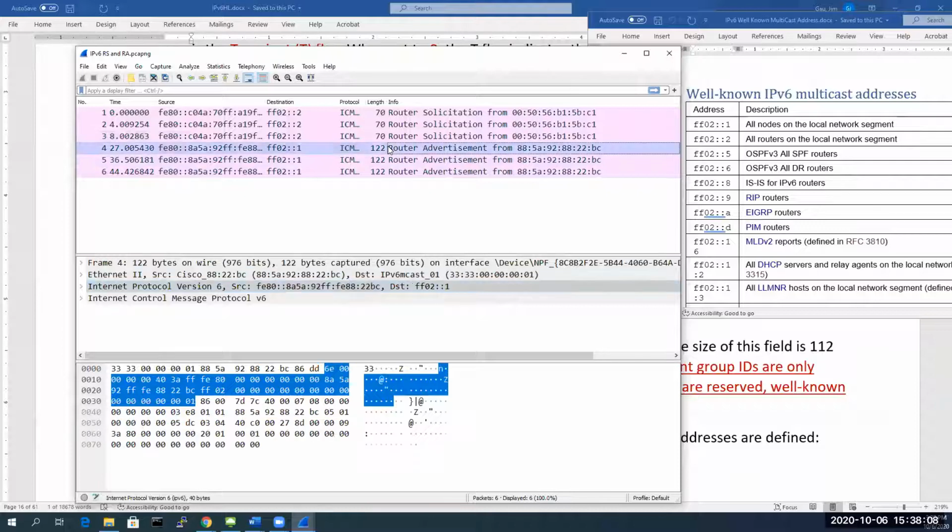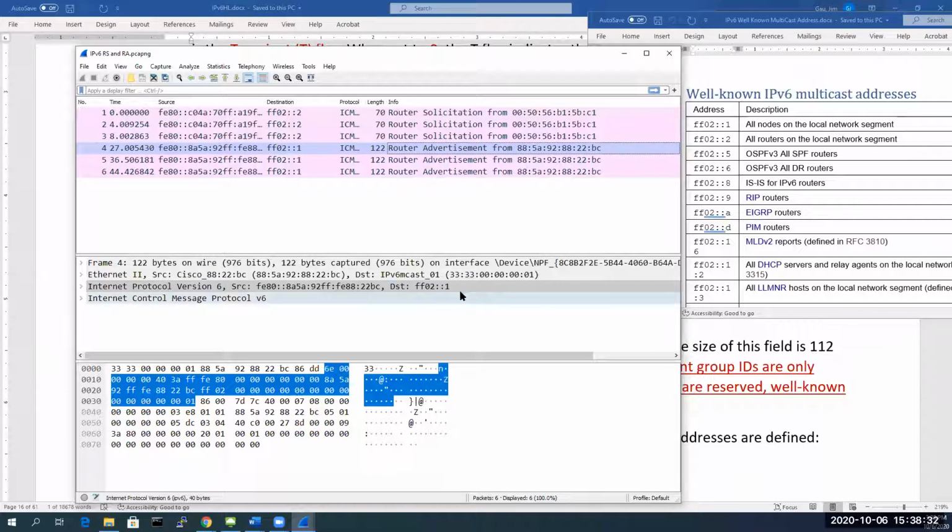And the router is going to respond to you with a router advertisement. In this case, it is going to advertise back to all of the nodes, and that's why they use FF02::1 in here. That means all nodes on the local area network.